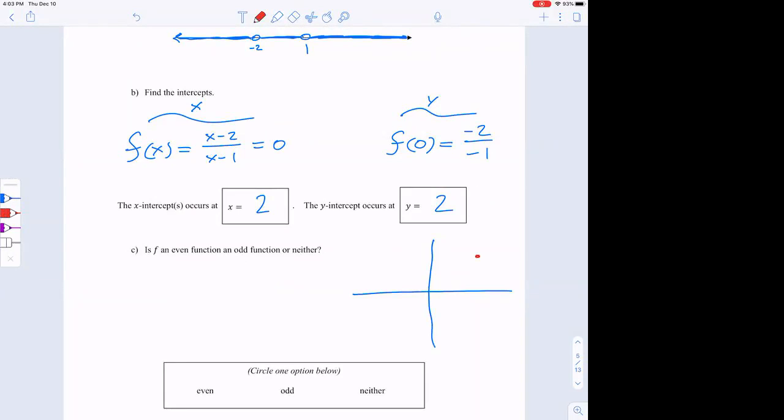And an even function reflects over the y-axis and gives you the exact same height or y value. And an odd function will give you the same thing but the opposite sign. So it'll give you one of those.